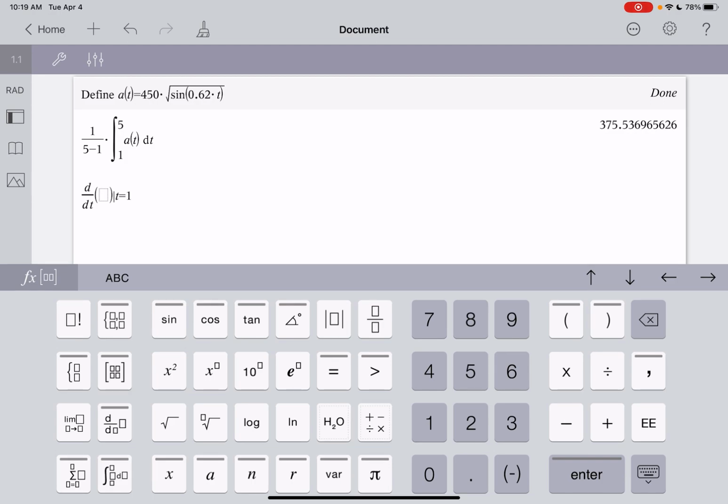The calculator is going to evaluate the derivative with respect to t of, well, we need to tell it what function now. And that, again, is going to be A of t. And then at the end of all that, there's a bar here, meaning evaluate that derivative at t equals 1. So when we hit enter here, I got this number. I really could care less about the numerical value. All I really care about is the sign. But I'll write it down just to show them that I know what I'm doing here.